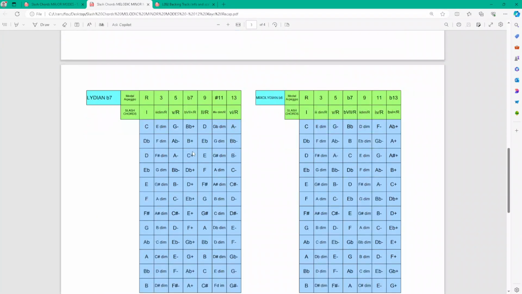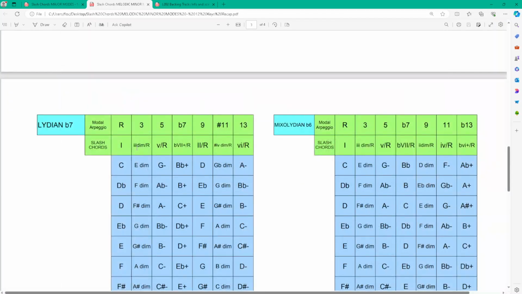So let's take, for example, Lydian flat 7. And Lydian flat 7, in terms of arpeggio, vertical structure, is root note, 3rd, 5th, flat 7, 9, sharp 11, and 13. In terms of the triads over the root note, we have obviously a normal major triad. Then you have a 3rd diminished over the root note. Then you have a 5th minor over the root note.